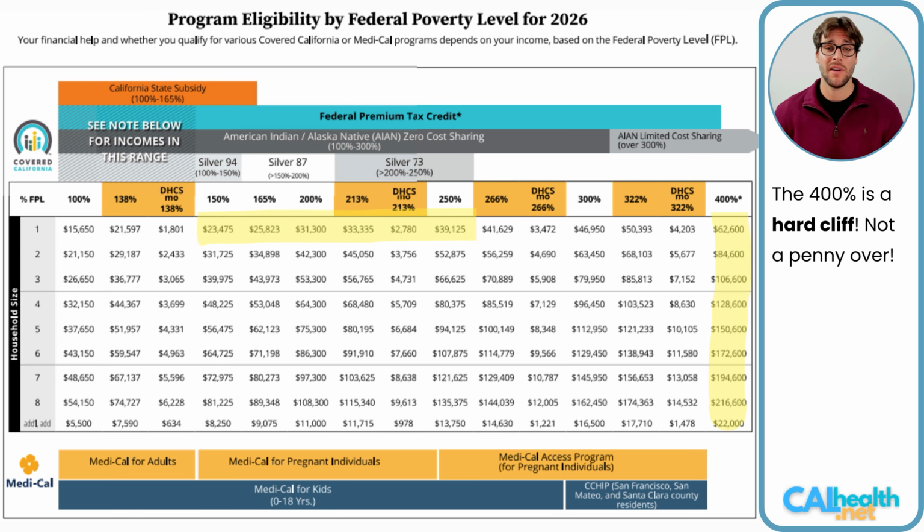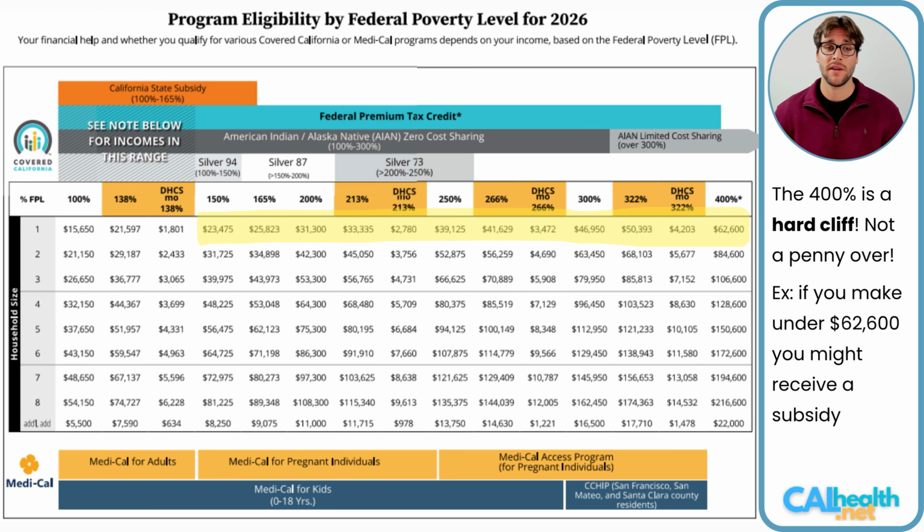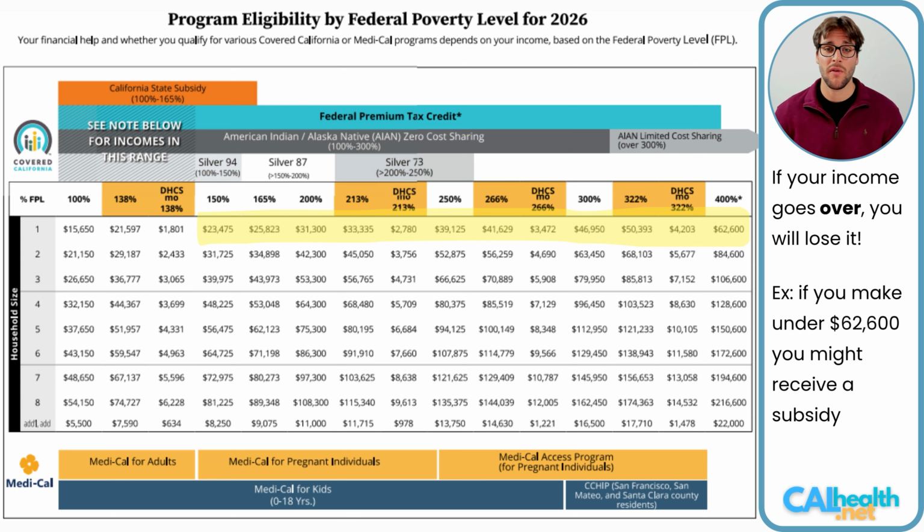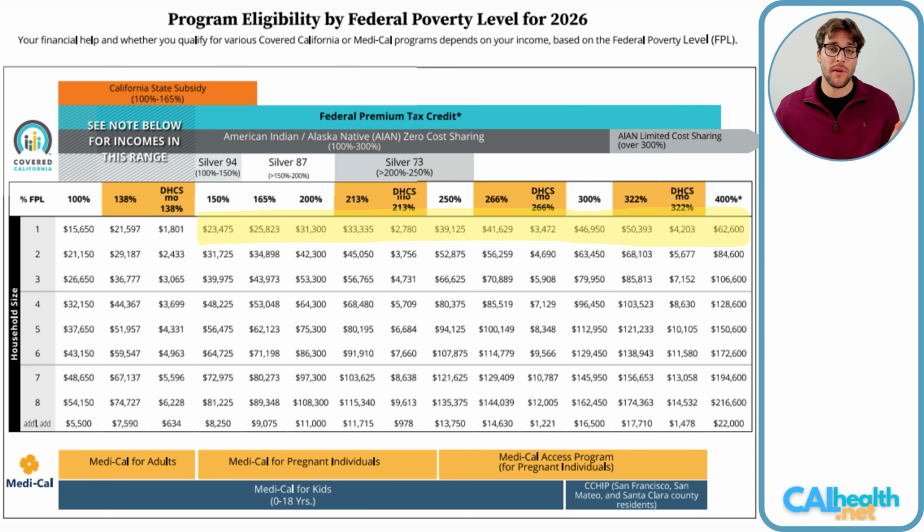Because, for example, if you're a single individual making under $62,600, you would be maybe getting a nice subsidy of $400 a month. But if your income came out to be $63K, just barely over that limit, April 2027 next tax filing, then you would owe back $4,800, or that $400 per month that you weren't eligible for the subsidy.